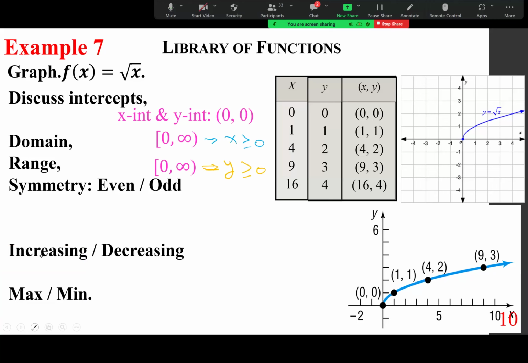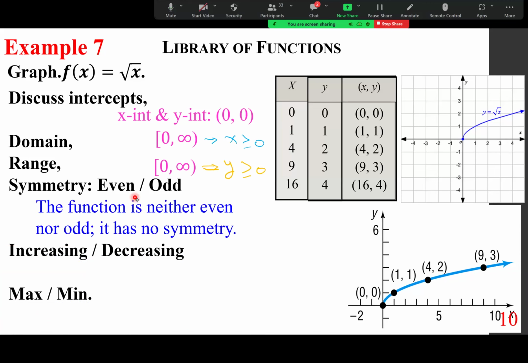The concept of symmetry, even and odd. The function is neither even nor odd, and it has no symmetry. What am I talking about? The even symmetry, as you recall, f of minus x equals f of x, which makes it symmetric with respect to the y-axis.